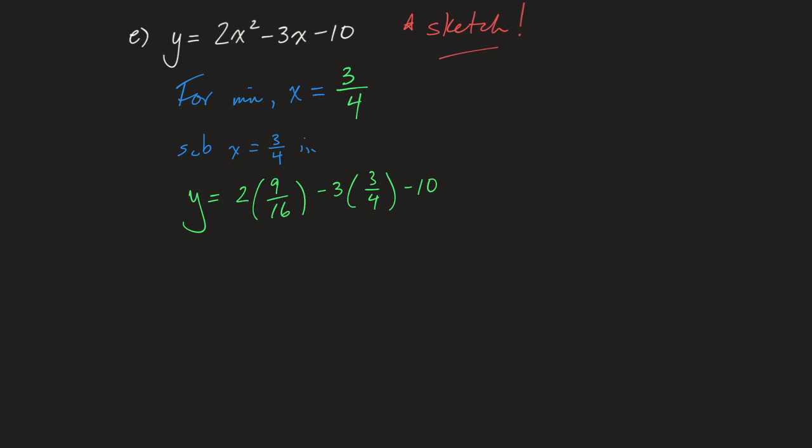Look at my first term. One of the reasons why I kind of like to leave that 2 out in front is I do have the option for a quick check. And I noticed that when I reduce that first term, it's going to reduce to 9/8. And if I just show that reduction as I've done in red, then I could probably just jump straight to my common denominator of 8ths right away.